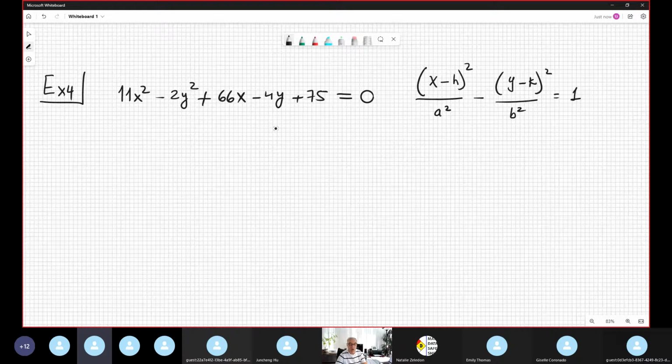How do you know it is this way and not the opposite? Because x is positive and y is negative. That means the transverse axis is horizontal, so it is a horizontal hyperbola, not vertical, because x is positive and y is negative.